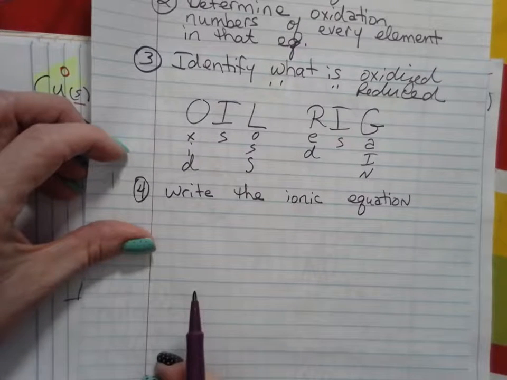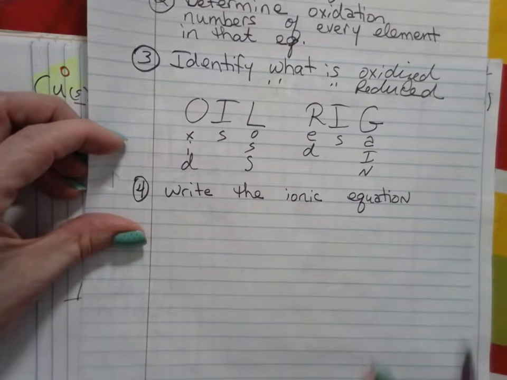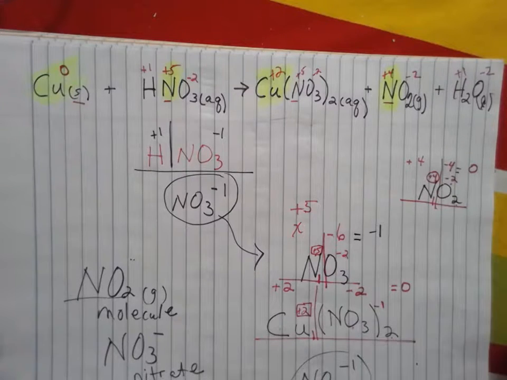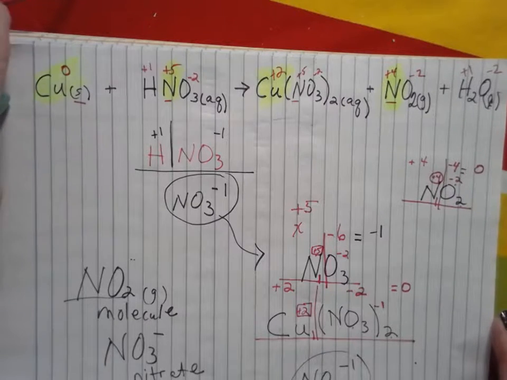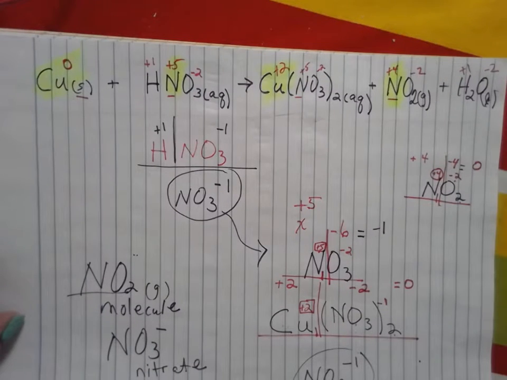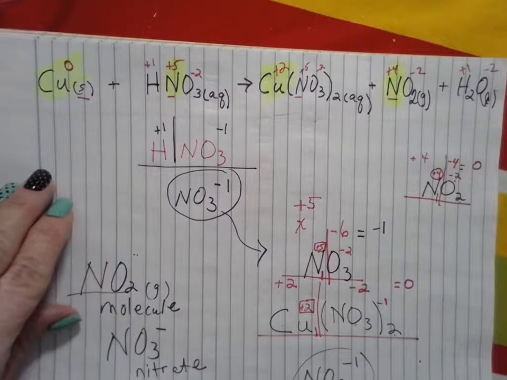We need to know what goes with what when we write the half reactions. If we were to write out our reducing, it'd be nitrogen +5 going to nitrogen +4. That is being reduced.